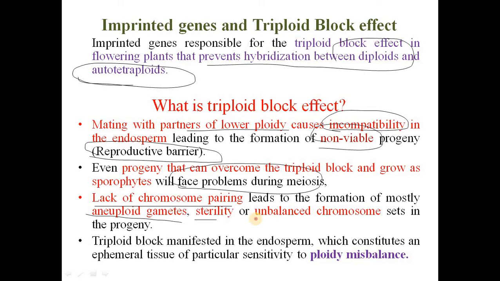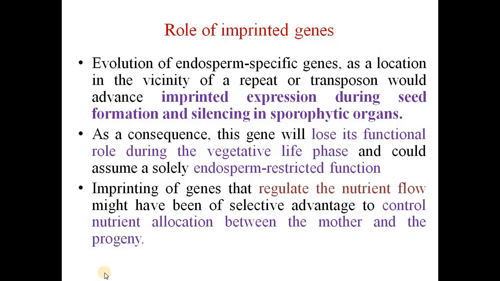Sterility is there, with unbalanced chromosome sets, so that autopolyploidy is there. Then this triploid block effect, which is manifested in the endosperm, constitutes an ephemeral tissue particularly sensitive to the ploidy imbalance, and this is why there is no hybridization between diploids and autotetraploids.